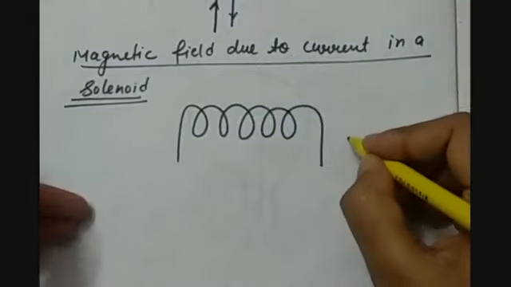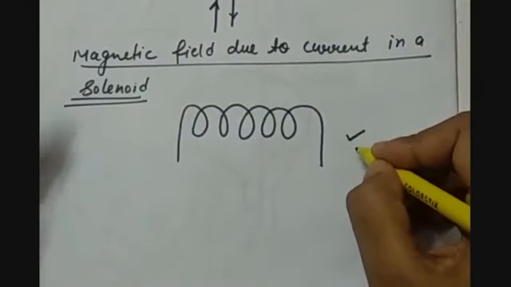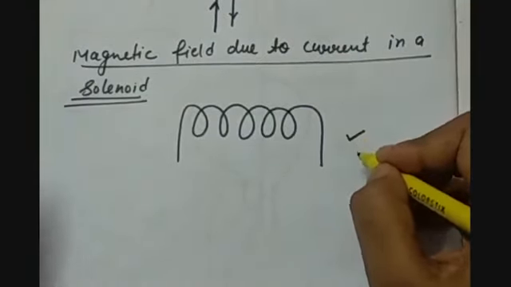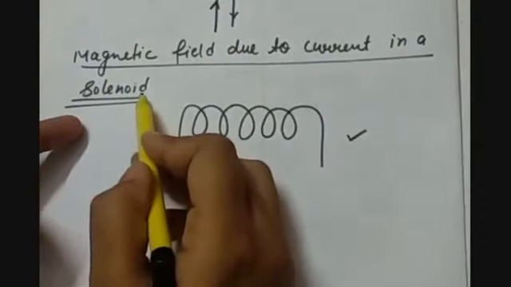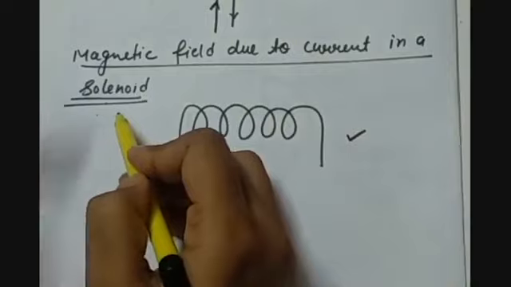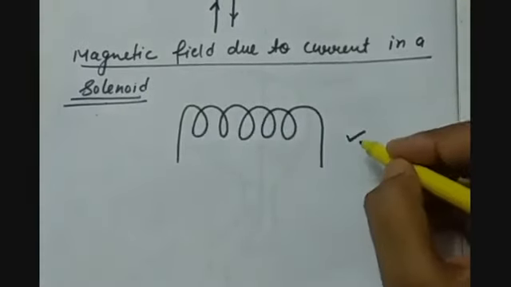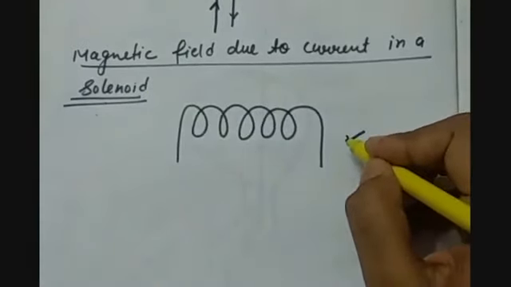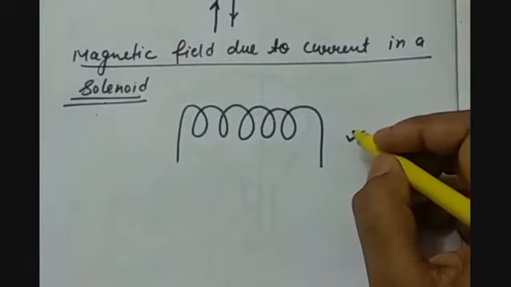Now this shape of the wire is called a solenoid. The word solenoid means the pipe shaped object or pipe shaped wire. So when the wire takes up the shape of a pipe, then it is called a solenoid.